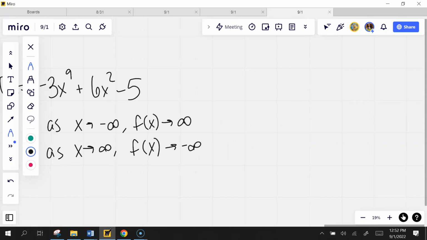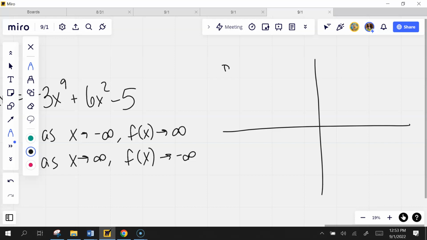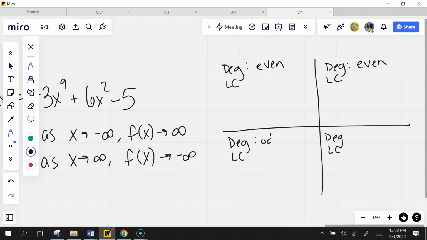Do you remember we did a little chart? Yep. We're making a little chart here.